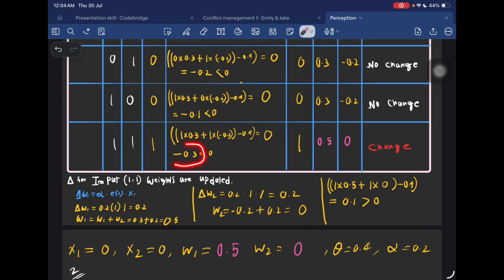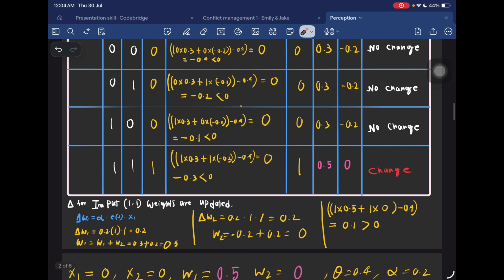So our outcome is minus 0.3, which is obviously less than 0, so we consider it as 0. But our desired outcome is 1 and the estimate outcome is 0. So the error is 1 minus 0, the result is 1. So here we change our weights.